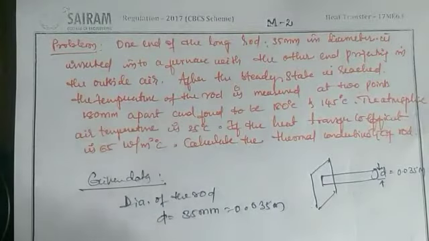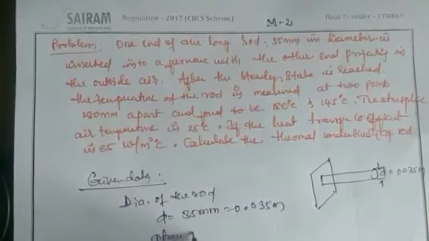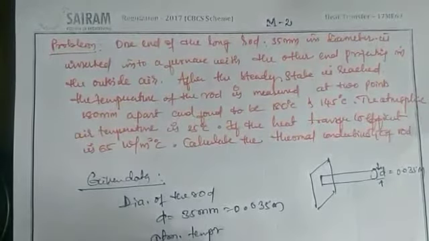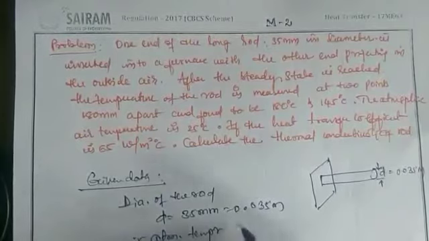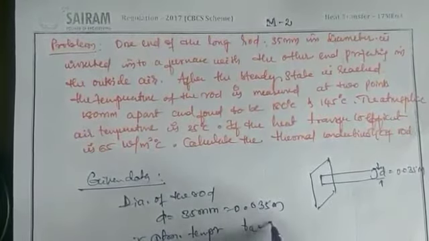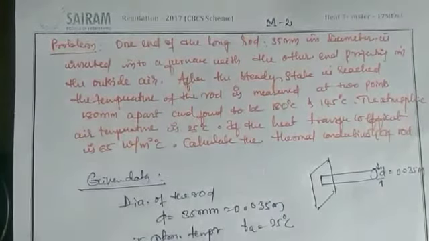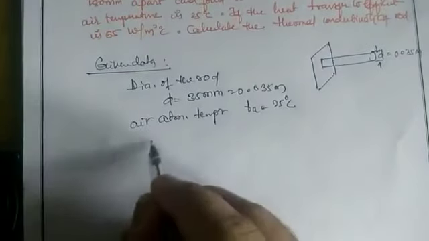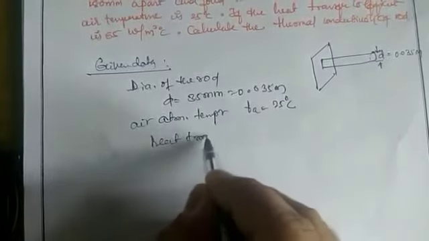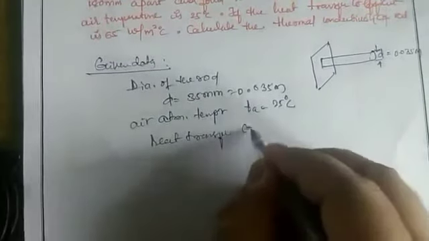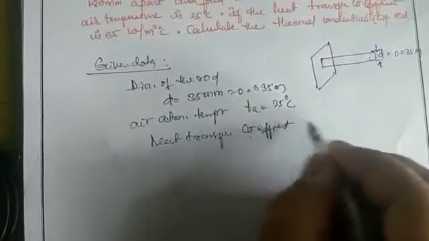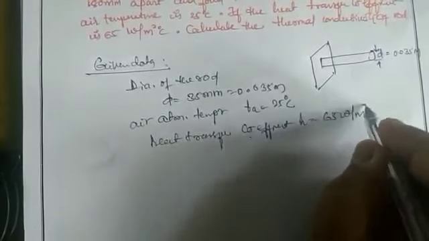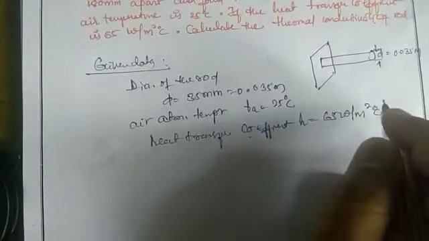And the atmospheric air temperature, T infinity is equal to 25 degrees centigrade, and the heat transfer coefficient, h is equal to 65 watt per meter square degree centigrade.